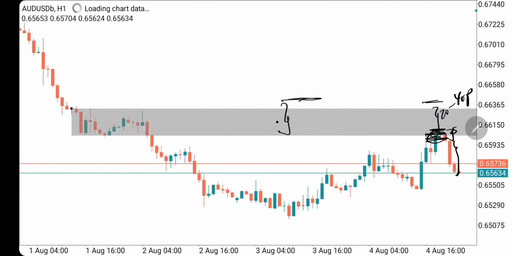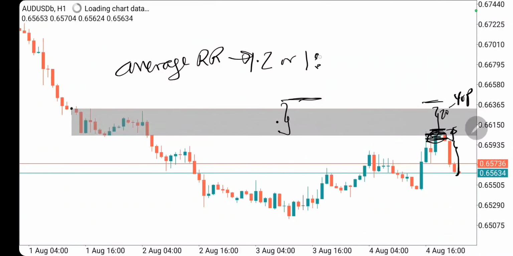So mostly when you are trading using a limit entry method, your average risk to reward ratio should be around 1:2 or 1:3. But when you are trading with a confirmation entry method, you should be looking at an average risk to reward ratio of around 1:3 to even 1:10.